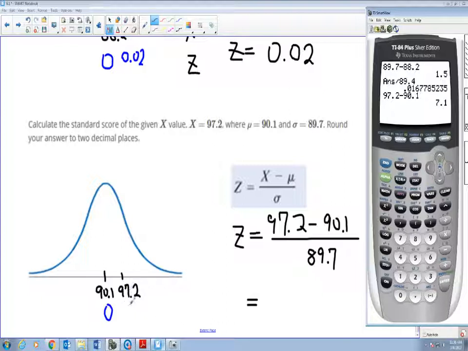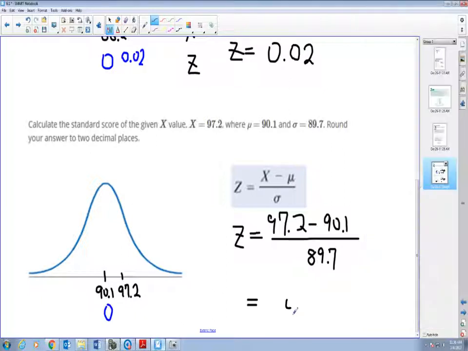That means this number 97.2 is 7.1 places away from the mean. In terms of standard deviation, divide both sides by 89.7, it's about 0.08 places away. Okay, so my z-score for this 97.2 is only 0.08.